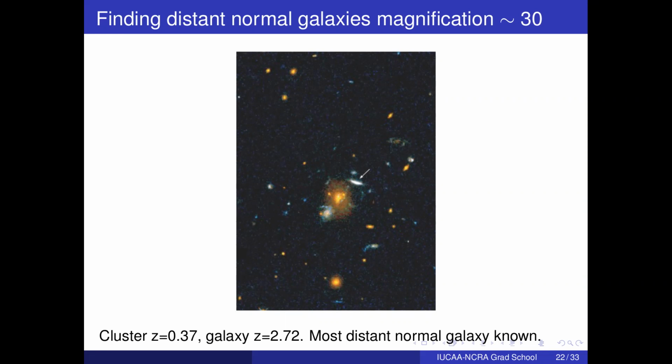So they found one. There is a lensing cluster at redshift of 0.37, with a background galaxy at 2.72. This is the most distant normal galaxy known, and we only found it because the magnification is 30. So it is 30 times brighter than its inherent brightness.